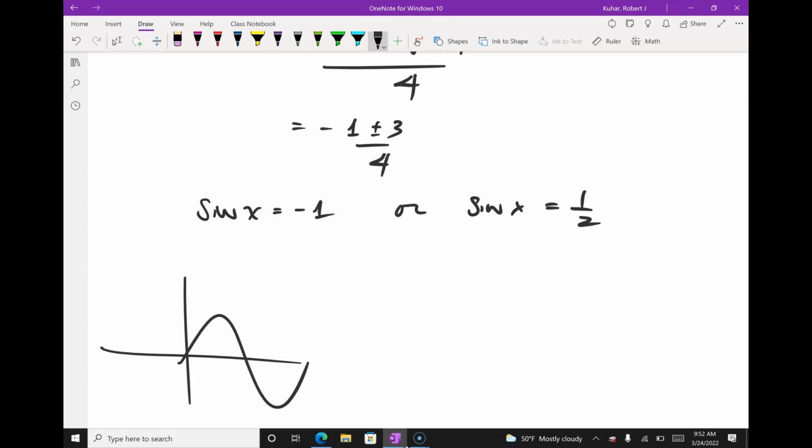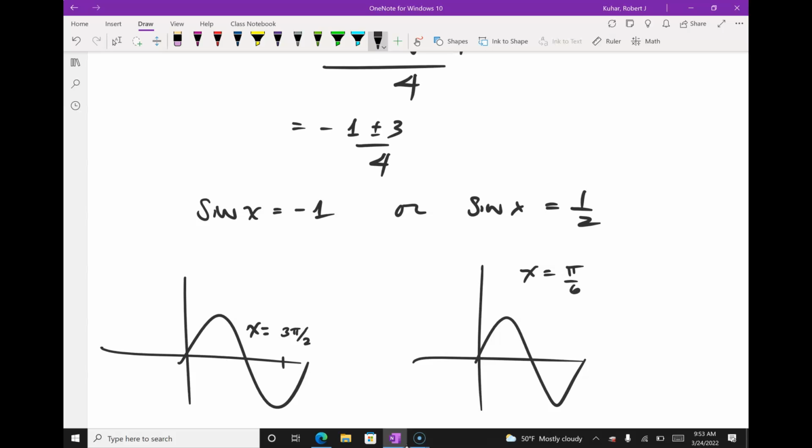I know sine x equals negative 1 at 3 pi over 2. I know sine x equals 1/2 at x equals pi over 6 or 5 pi over 6. But the only one that's in my interval is pi over 6.